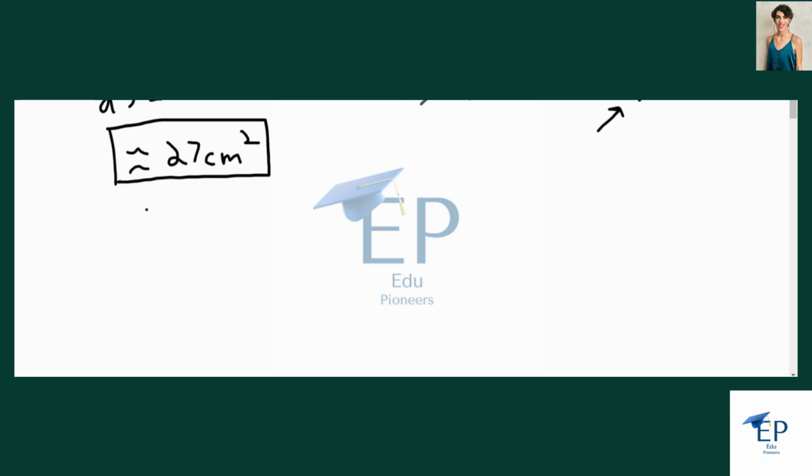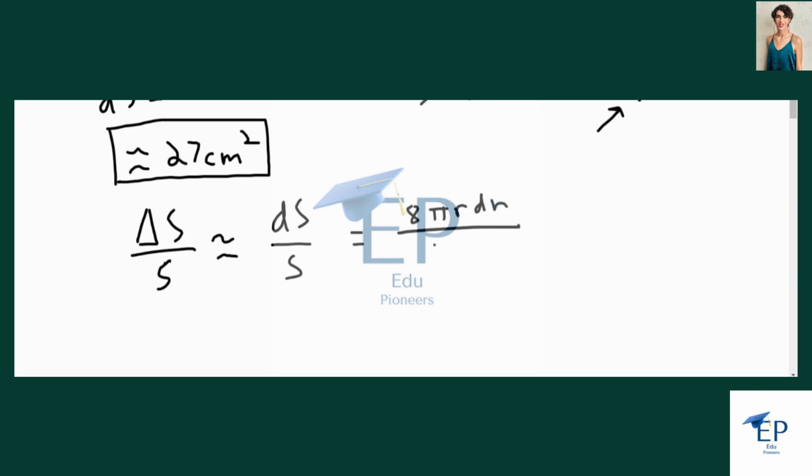we could use the equation. The change in S over S is approximately the same thing as dS over S, right? So delta S over S is approximately the same ratio as dS over S. And we know dS over S is the same thing as 8 pi r dr over S, which we know is 4 pi r squared, right?